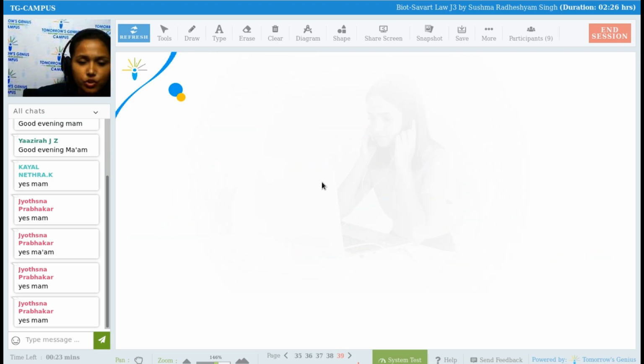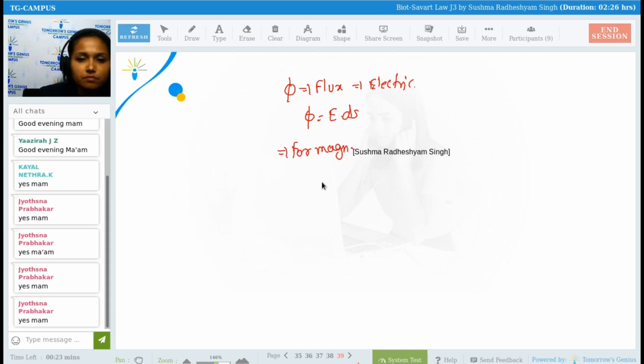As per your class assessment, there is one question related to the basics. So please see, if you are not able to answer, just see guys. We know what a flux is. If it is electric, we say E dot dS is the flux. Similarly for magnetic, instead of E, just use B. So your magnetic flux is equal to B into A. So what is your B, friends?